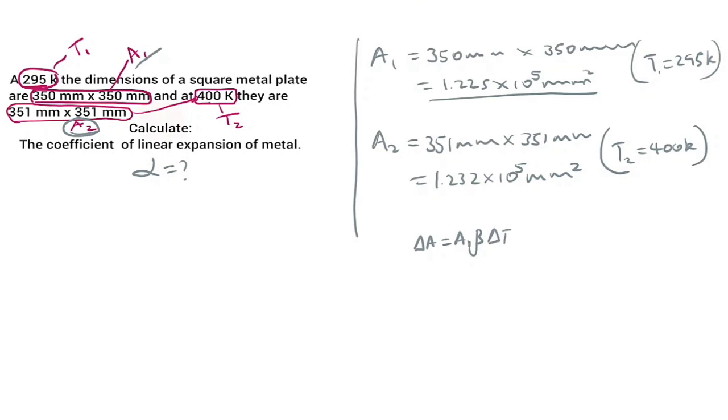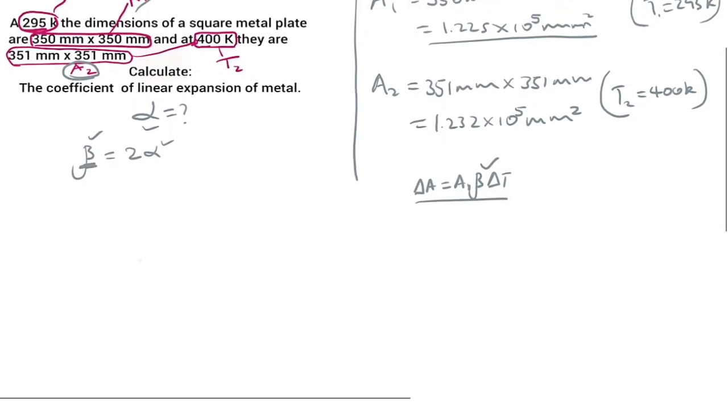This coefficient of area expansion links with the coefficient of linear expansion. How? The coefficient of area expansion is twice the coefficient of linear expansion. That means we have to get the coefficient of area expansion to get the coefficient of linear expansion. So we'll get it from this formula.